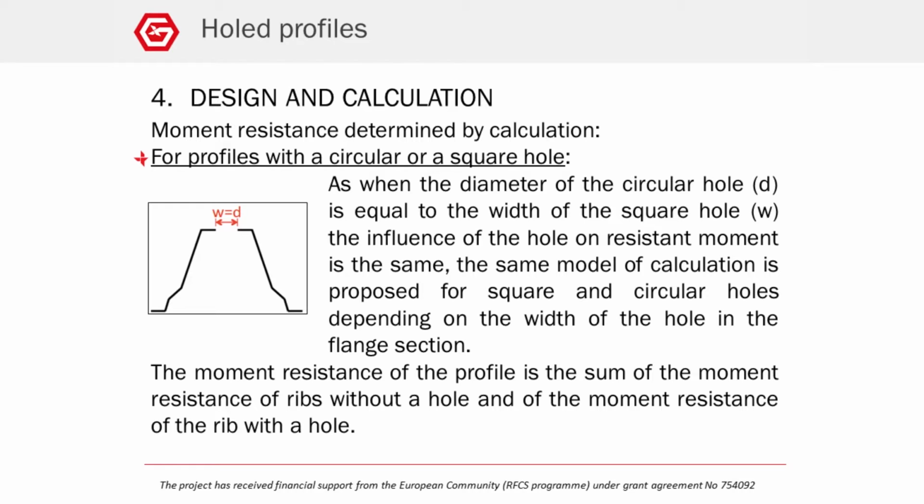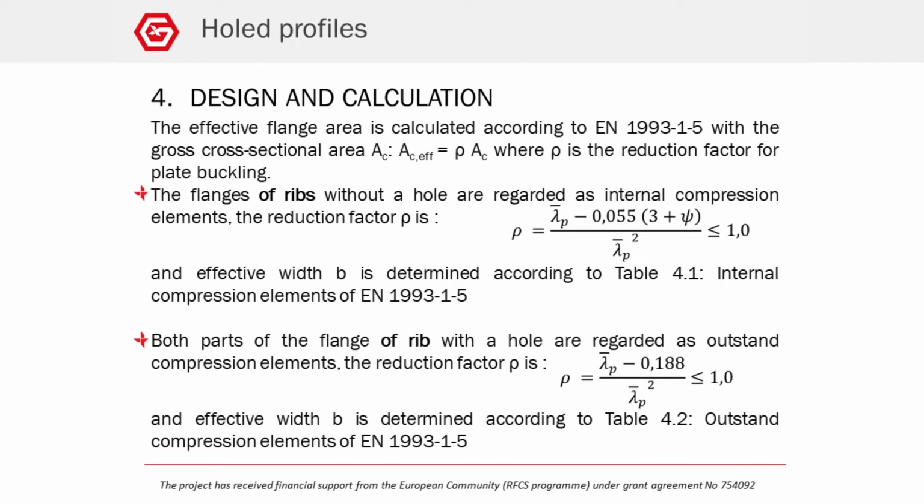We have proposed to calculate the moment resistance of the profile as the sum of the moment resistance of the ribs without a hole and of the moment resistance of the rib with a hole. To calculate the moment resistance of a rib without a hole, the effective width of the flange area was calculated according to Eurocode 3 part 1-5 by multiplying the gross cross-sectional area Ac by ρ, where ρ is the reduction factor for flanges regarded as internal compression elements.